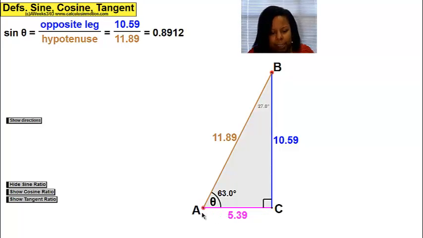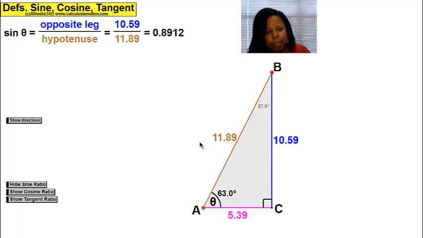This is the adjacent leg, but the ratio that we're looking at is the opposite leg, which is 10.59, and the hypotenuse. That's called the sine ratio, S-I-N-E, but we abbreviate it with S-I-N. So the sine of this angle is the ratio between the opposite leg and the hypotenuse.